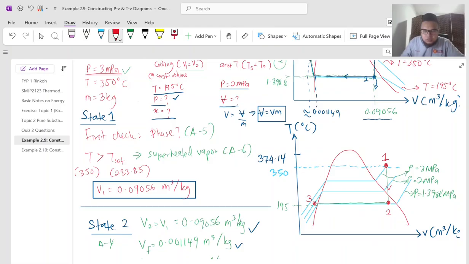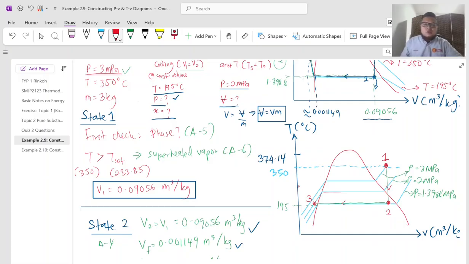Notice that state 3 is going along this 2 megapascal isobar, so it makes sense. This is what our TV diagram will look like: from state 1 in the superheated vapor, to state 2 with the quality, the mixture, and to state 3 in a compressed liquid state.